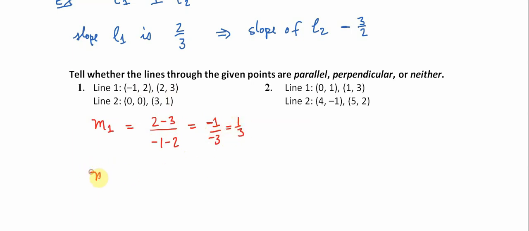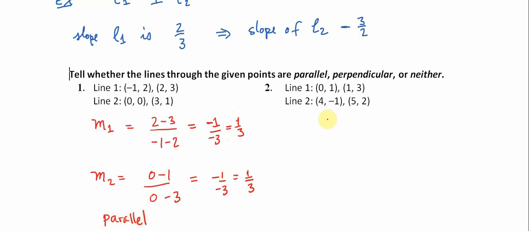The slope of the second line, M2, is equal to 0 minus 1 over 0 minus 3, which is going to give me -1 over -3, which is equal to 1/3 as well. So in this case, the two lines have the exact same slope. That means they must be parallel.